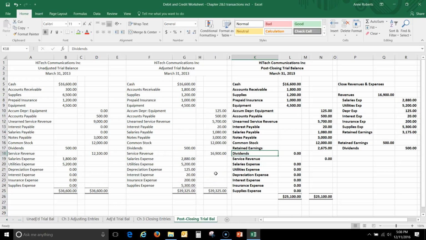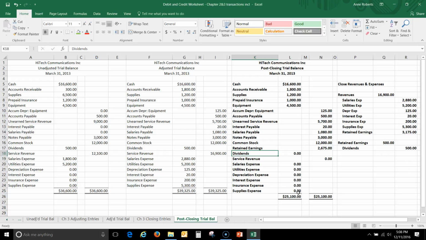Then on the 12th month, at the end of our year, we will close all of the revenues, expenses, and dividends, post those entries into the general ledger, and then we will get a post-closing trial balance. So now we'll start the new year with zeros for all of our temporary accounts. Okay? So think through the timeline.